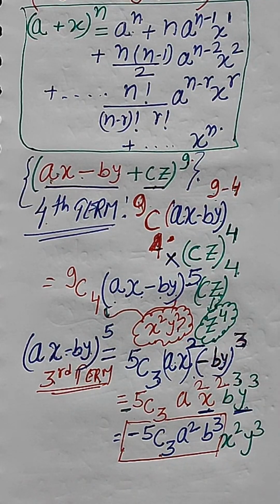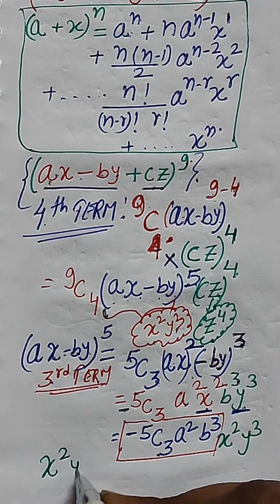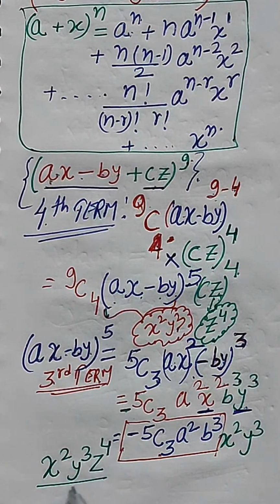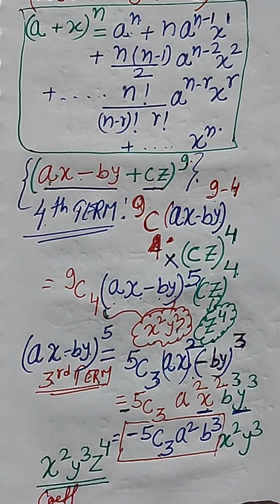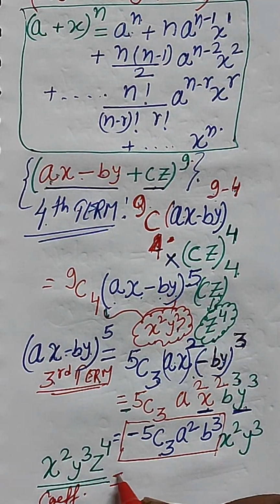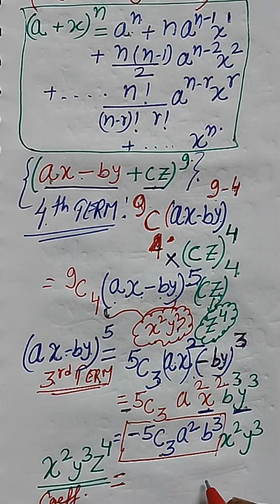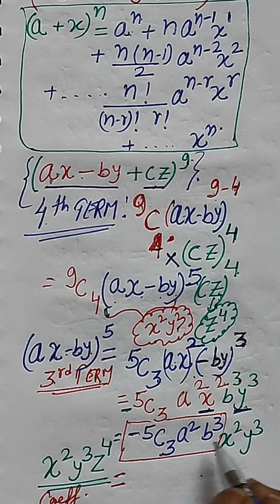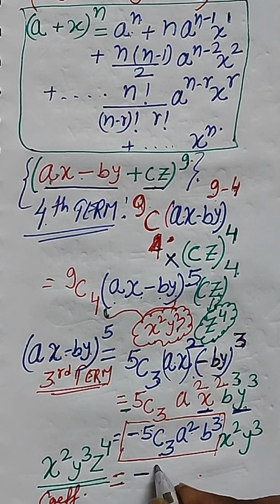So we can write the coefficient of x square y cube and z4. This was the question that we are about to calculate. So the coefficient of x square y cube and z4 will be this much. First write the coefficient of x square y cube, that is minus 5c3 a square b cube.